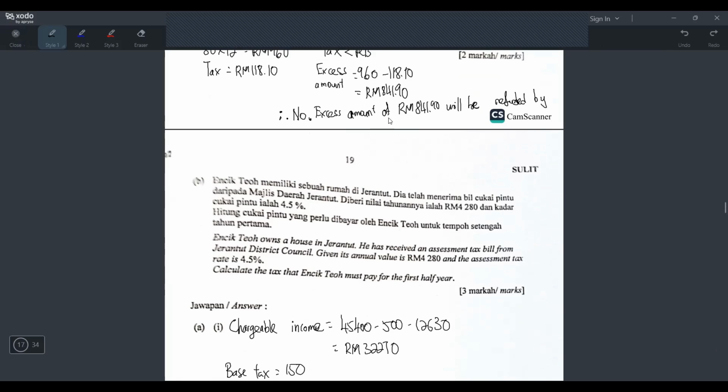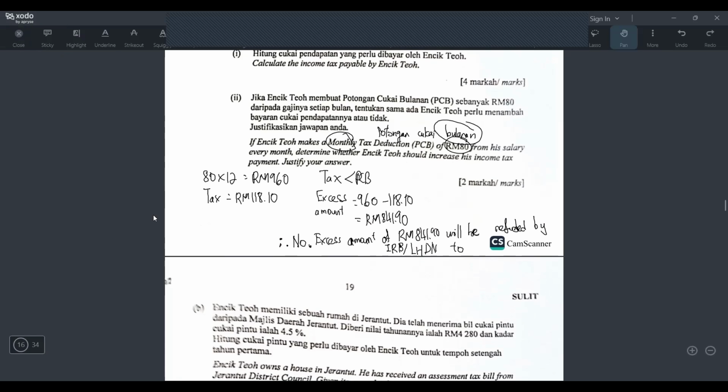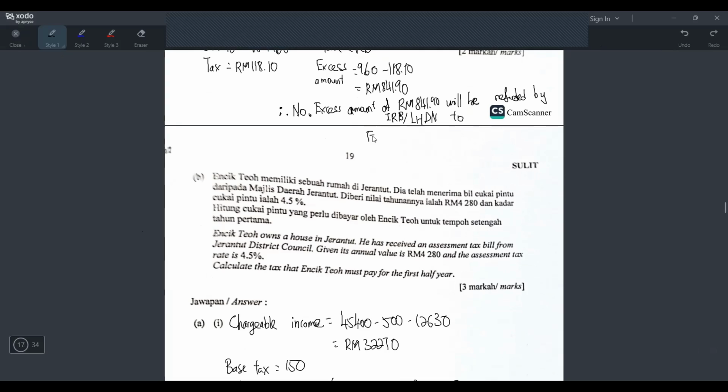Refunded by IRB ataupun LHDN to the taxpayer. What is the taxpayer name? Encik Teo. So to Encik Teo's bank account.